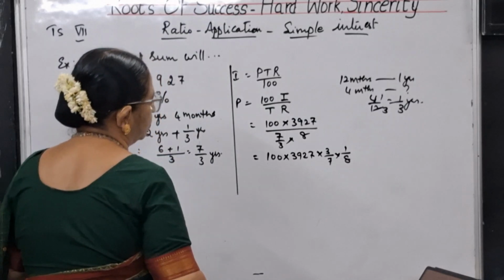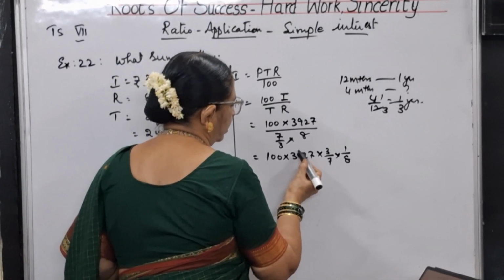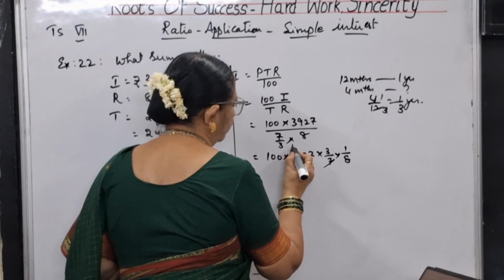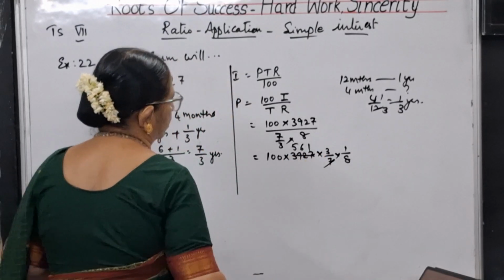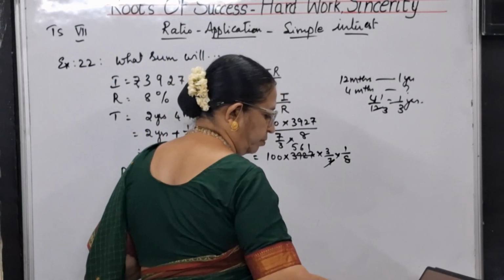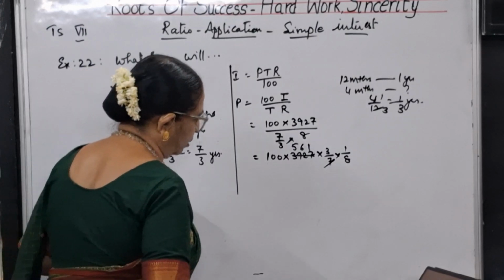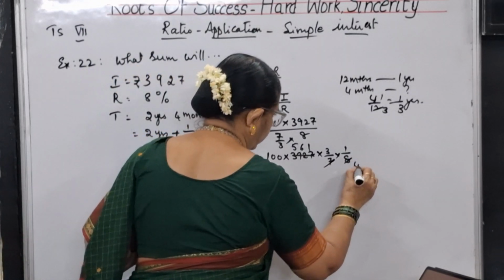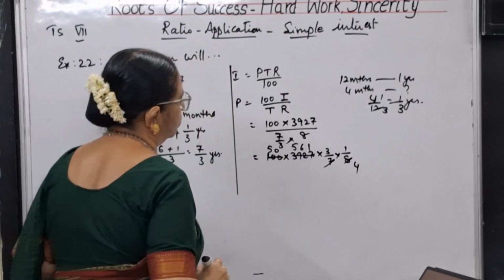So what can we do here? 7 5s are 35. You can cancel it with 7. 7 5s are 35. 7 6s are 42, 7 1s are 7. Okay. Next. Anything else you have got? Now 3 you cannot cancel. 2 4s are 8. 2 5s are 10. 0.